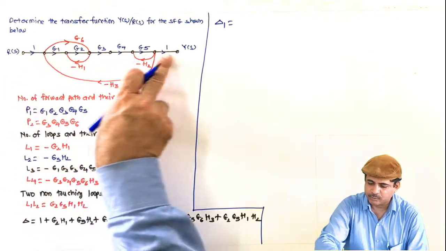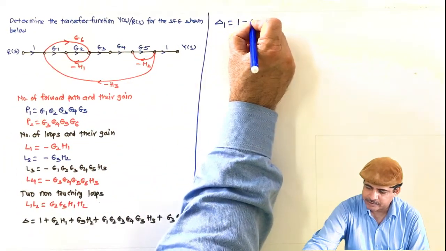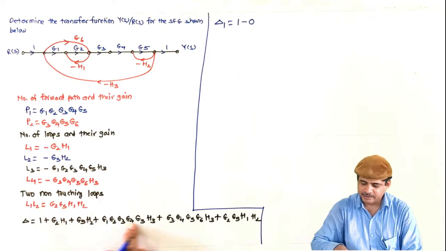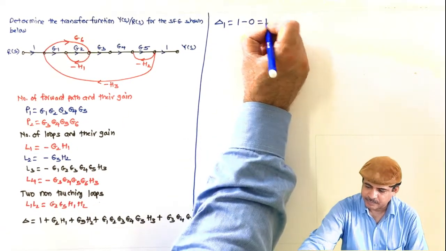All loops are touching this forward path, so everything is touching means everything is eliminated from delta. So 1 minus this, everything is eliminated, it is 1.